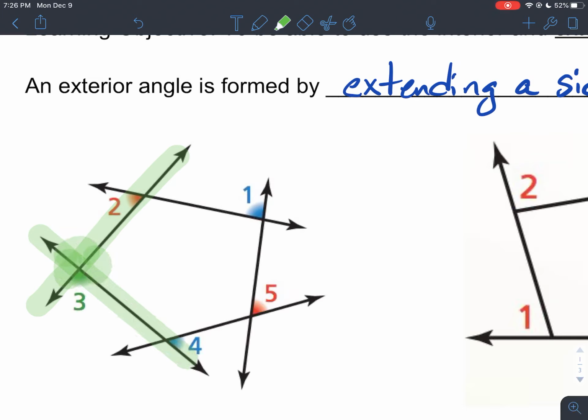You've got your 4 angles, your 2 pairs of vertical angles. But only one of those is formed by a side of the figure and extending one of the sides. Right, so sandwiched in between an actual side of the shape and one of the extended legs.